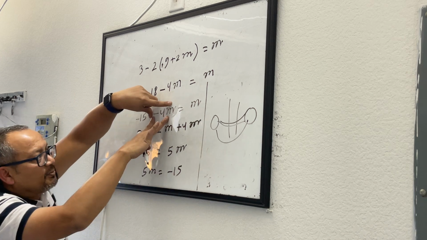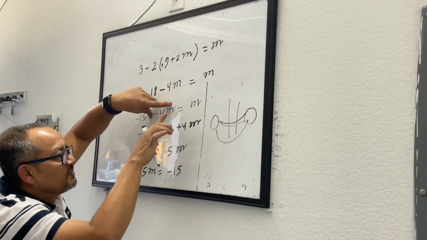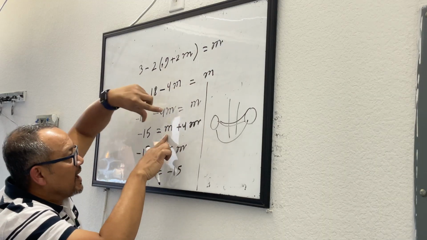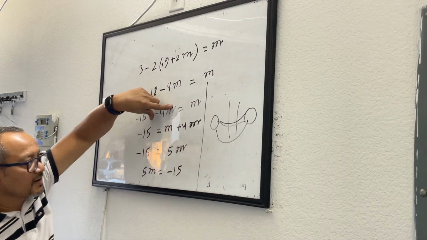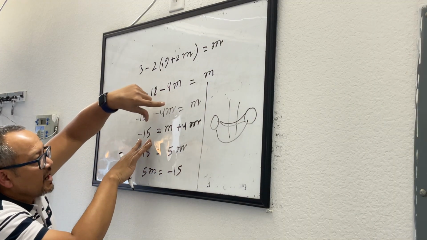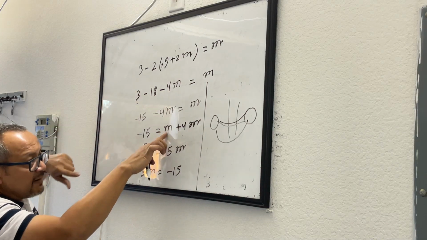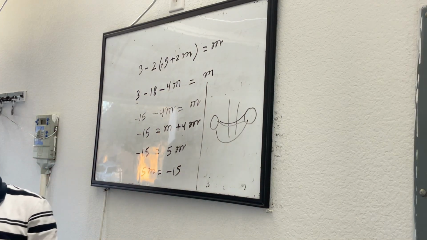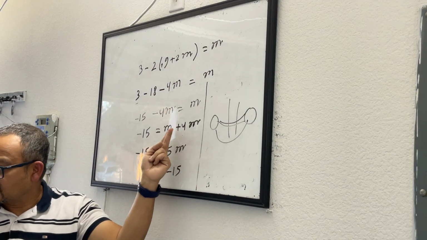So here I have a negative thing. When I make this guy travel across the river, m remains m and minus 4m becomes plus 4m. Okay? So now minus 15 is only on this side of the river, and this became 4m and this m. Now if m stands for monkey, this is one monkey and 4 more monkeys, total 5 monkeys.